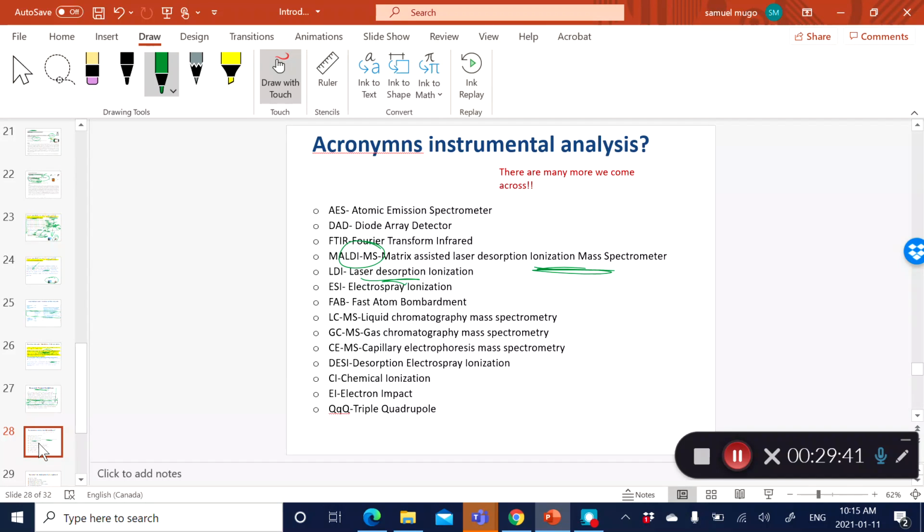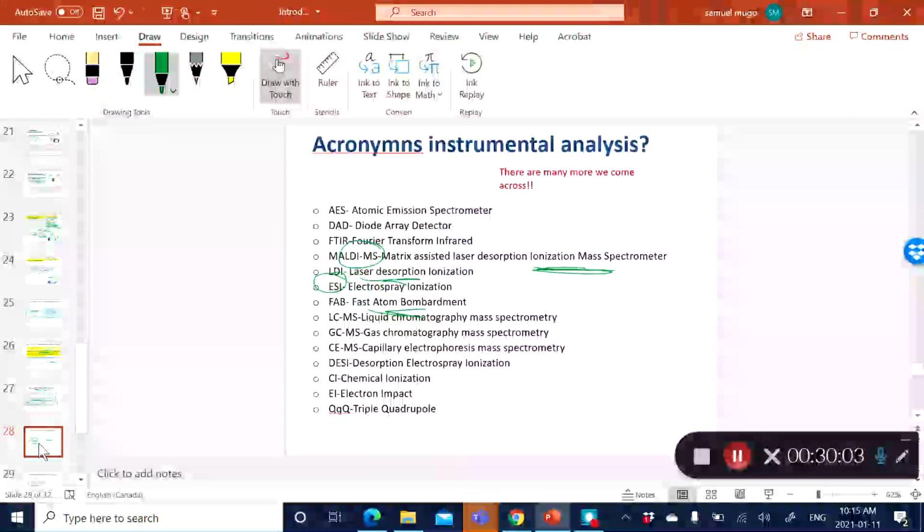It comes from laser desorption ionization. Electrospray ionization, the acronym is ESI. It's an ionization method that is used in mass spectroscopy. FAB, fast atom bombardment, again, is an ionization method used in mass spectroscopy.